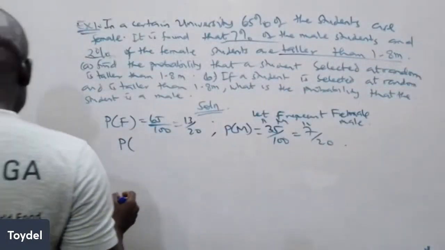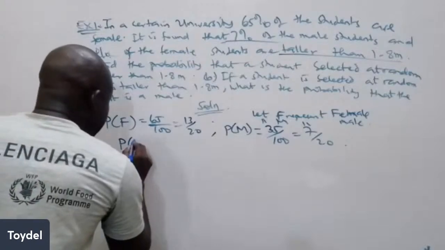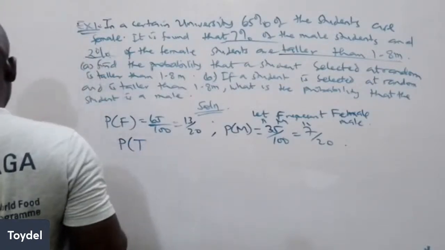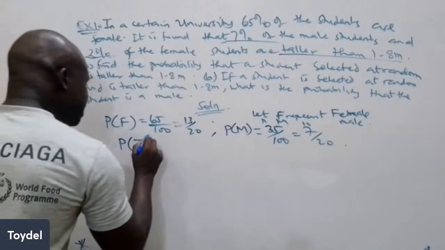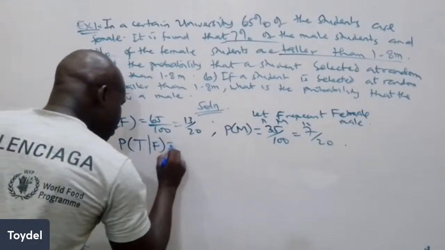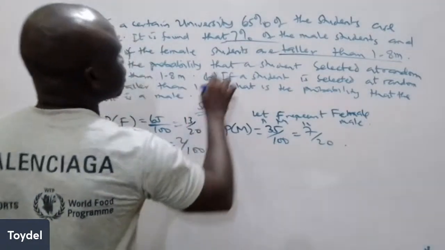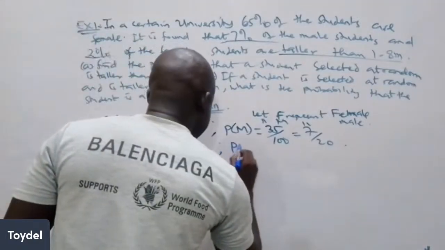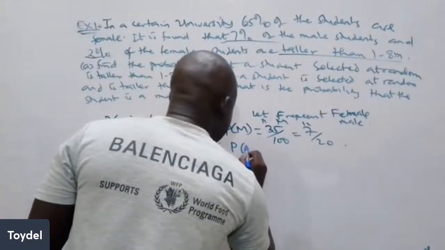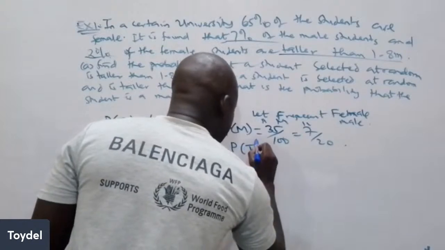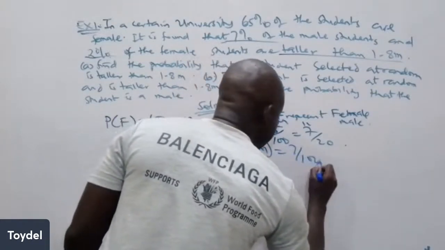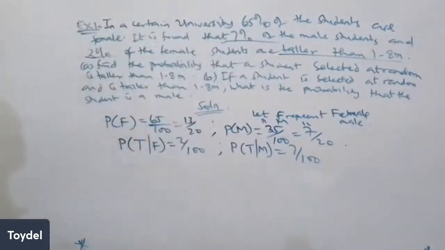The probability that the student is taller than 1.8 meters, given that it is female, will be 2 over 100, because it's only 2%. Then the probability that the student is taller, given that the student is male, is 7 over 100. So these are some of the concepts that we need.